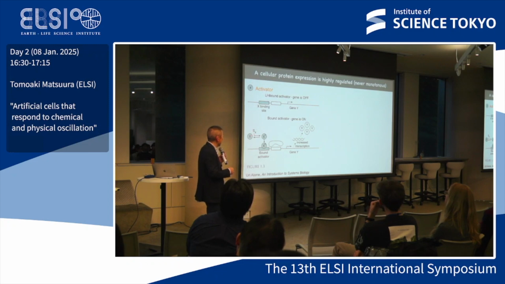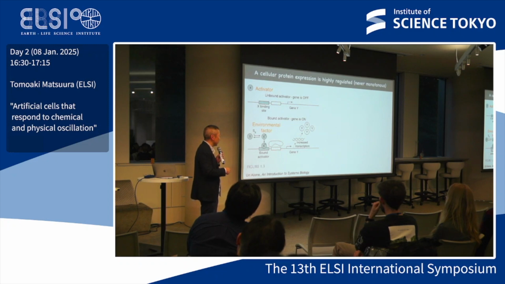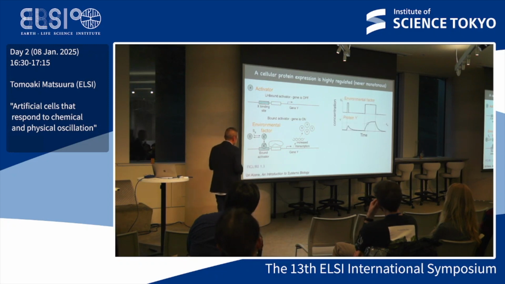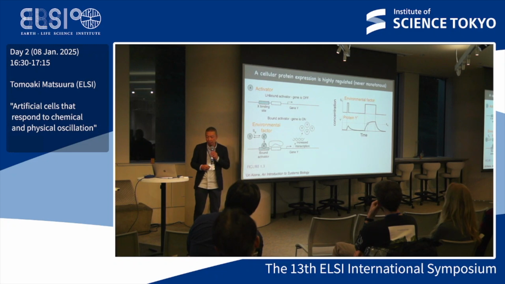If molecule X binds with something called SX, which is an environmental factor, it can be a hormone or some small chemical, whatever, it changes to X star, and this X star then binds to this upstream region called the activator X binding site. And having this molecule here, the RNA polymerase will get recruited to the DNA, and the RNA and the protein will be synthesized. So this is how the living system regulates the protein expression.